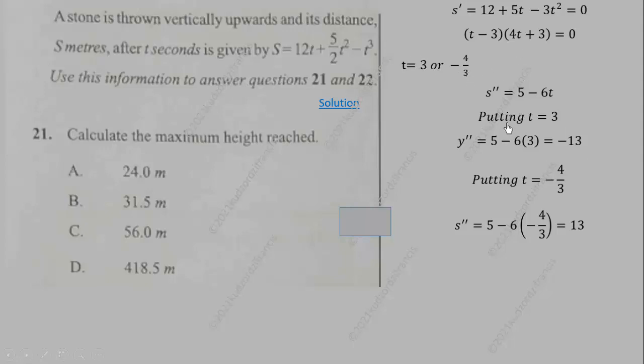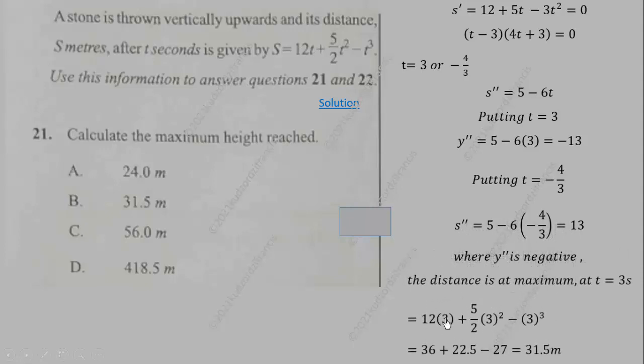Now we have to substitute t equals 3 into the distance or displacement function to find the maximum displacement or maximum distance.